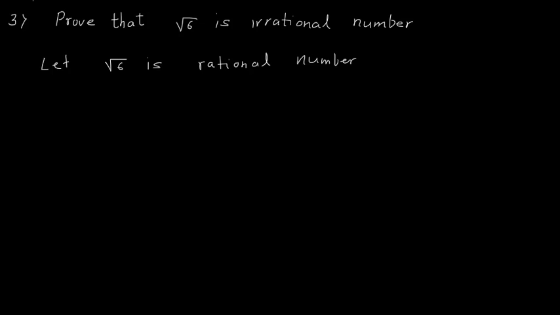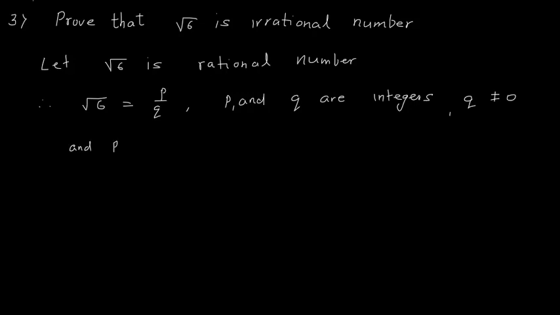So therefore I will say that root 6 is equal to p upon q. p and q are integers. q is not equal to 0 and p and q have no common factor except 1. Okay. So now I will square on both the sides.